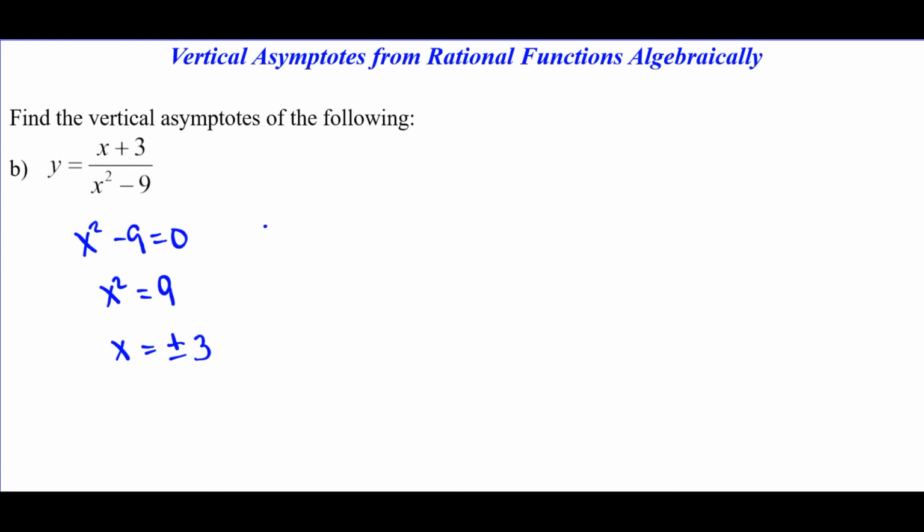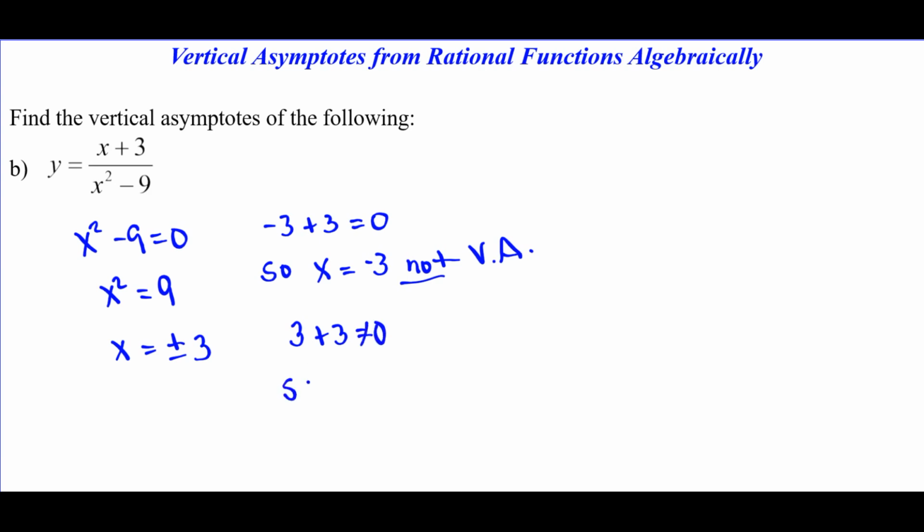If we plug in -3, -3 plus 3 does equal 0, so that tells me that x equals -3 is not a vertical asymptote. If we plug in 3, 3 plus 3 does not equal 0, so that tells us that x equals 3 is a vertical asymptote. So I have a vertical asymptote at x equals 3.